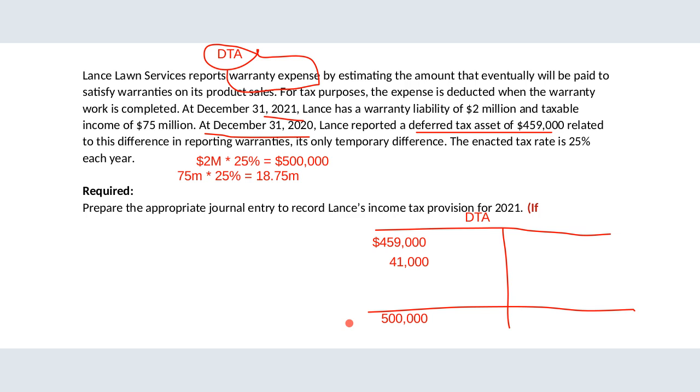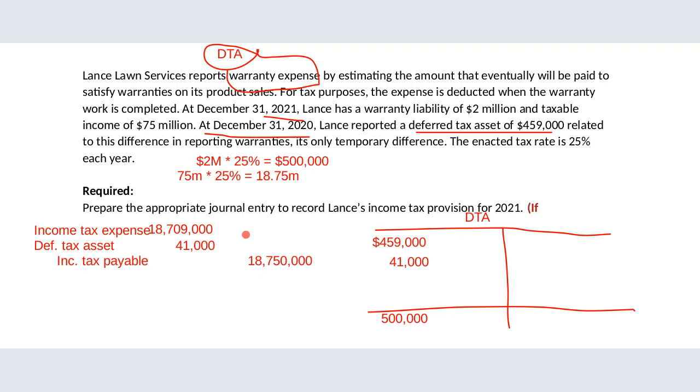Remember that deferred tax assets are debited, and we have an increase in the asset, so for 41,000. And then our credit to income tax payable of 18.75 million. So that means that our income tax expense is going to be huge, 709 compared to the 41,000. Okay, so there you go. That's our journal entry for the deferred tax asset.